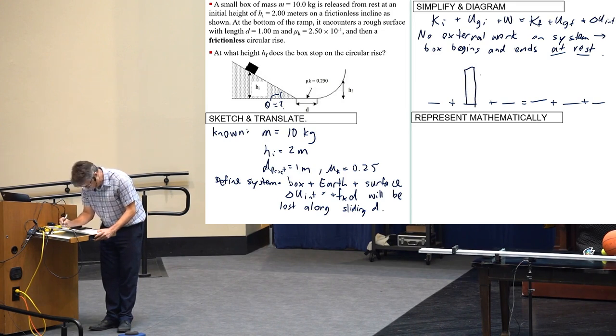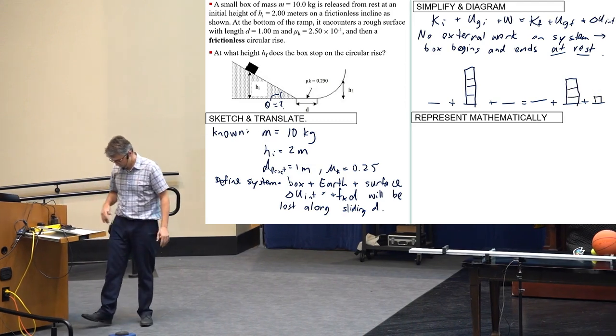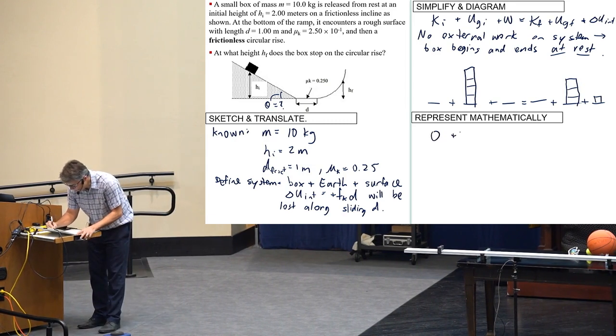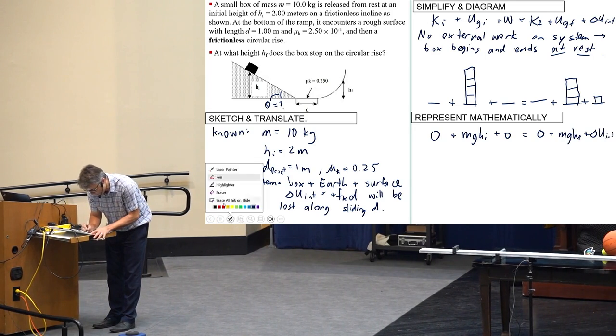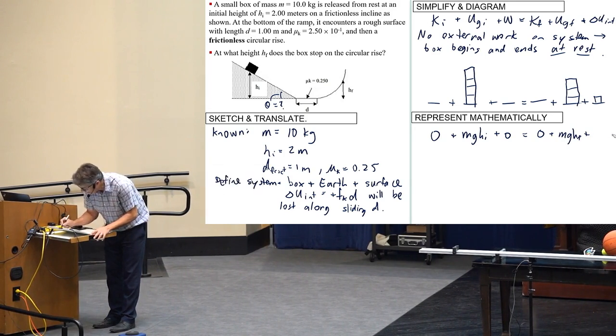But basically, you've got 0 plus mgh initial plus 0 is equal to 0 plus mgh final plus delta U internal, which actually, let's write that out: F_k times d, right? F sub k times d.